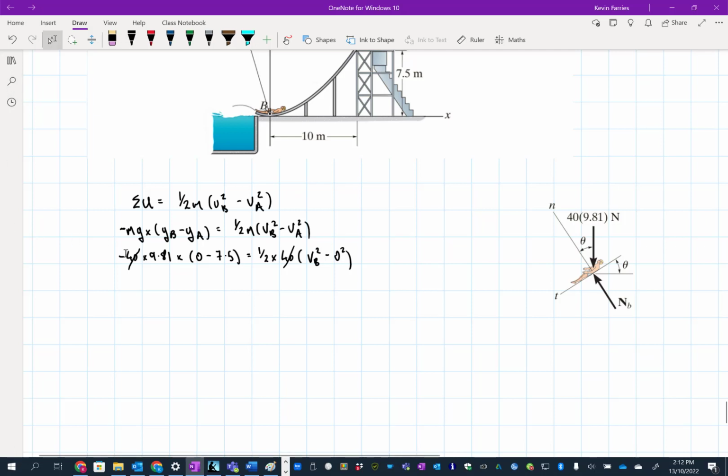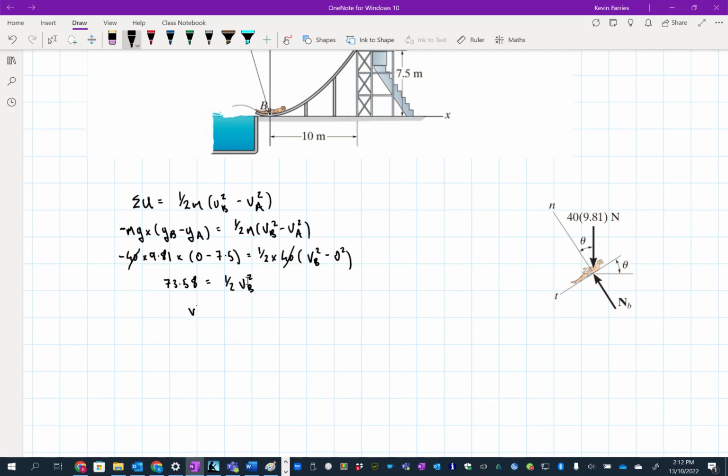So we're going to get minus 9.81 times minus 7.5, so that's just going to be 9.81 times 7.5. 9.81 times 7.5 is equal to 73.58, say, 73.58 is going to be equal to a half the velocity at B squared.